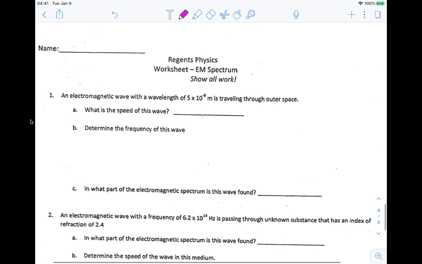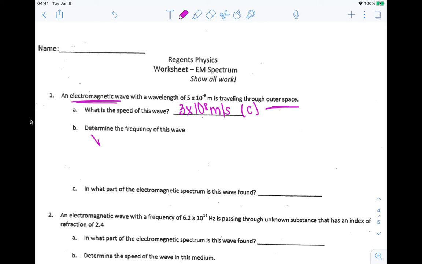So now we have an electromagnetic wave with a wavelength of 5 times 10 to the negative 9 meters traveling through outer space. What is the speed of this wave? Well, all you need to know is that it's an electromagnetic wave, and an electromagnetic wave traveling through outer space moves at the speed of light, 3 times 10 to the 8 meters per second. That's our variable c. Determine the frequency of this wave.